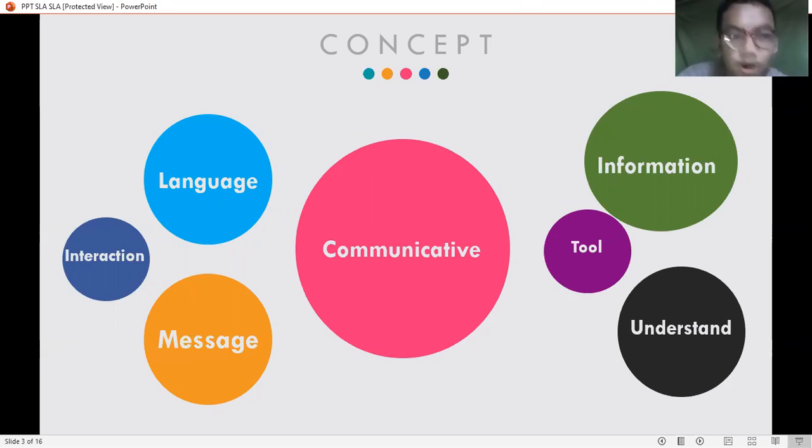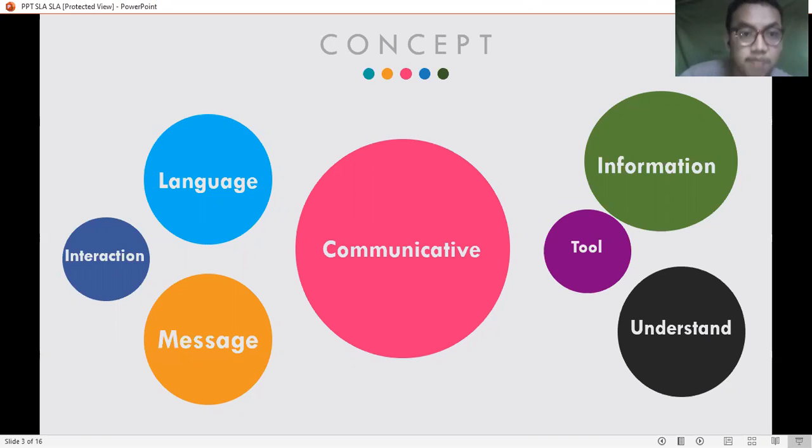Communicative with language. Of course, language is the tool for communication. And communicative with interaction, of course, you need to interact with other people to communicate something because we have to speak, we have to listen. So that means the interaction message. In communicative, you need to deliver a message. And then information. You have to deliver information with your communicative purposes.